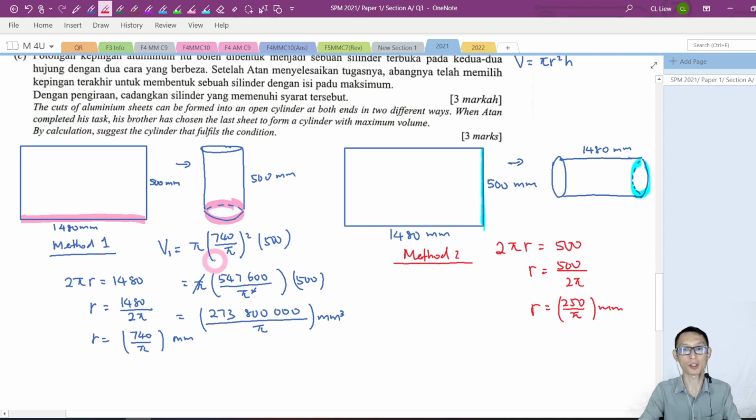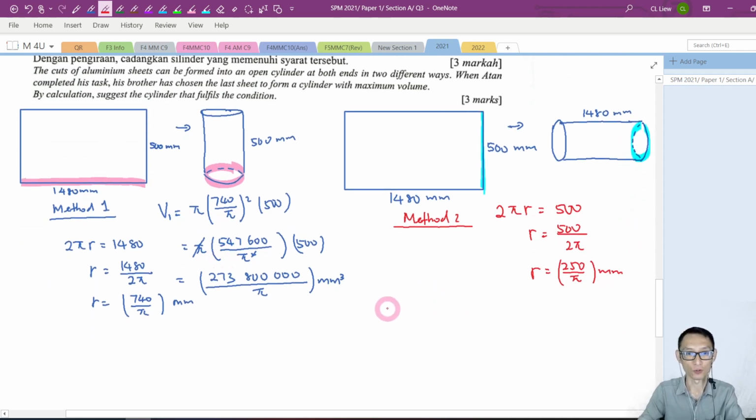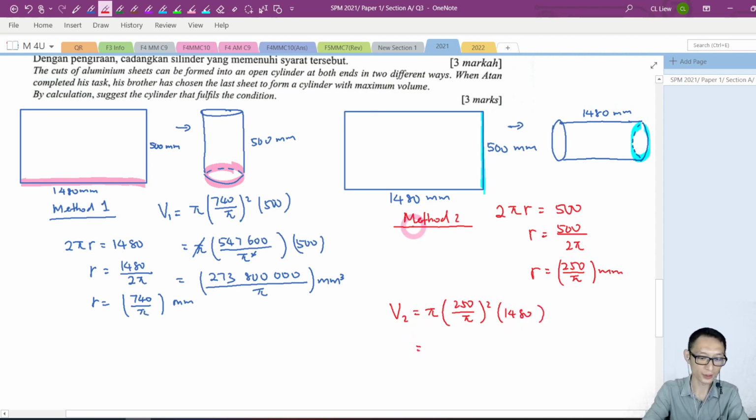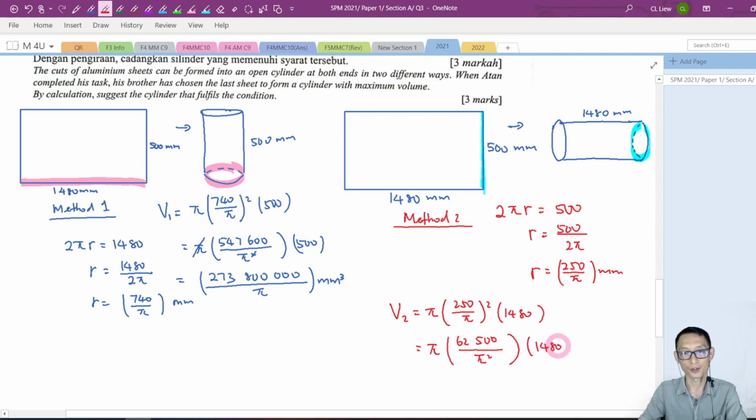Same thing, using the same formula to get the volume. Okay, this is volume 2. Pi r square times height. The height here is 1480. Okay, 250 square, 62500. So this is pi square, 1480.